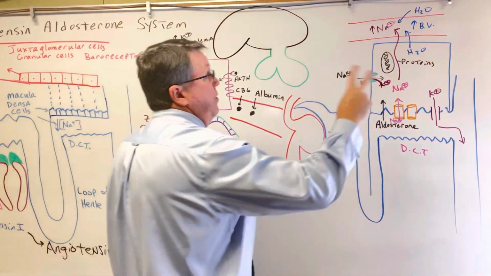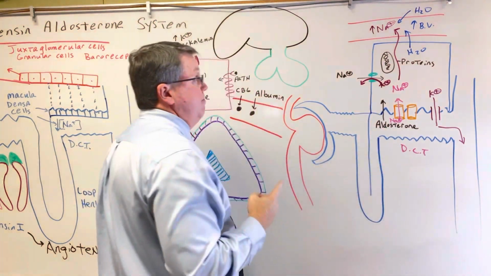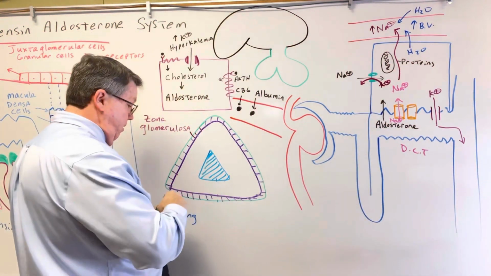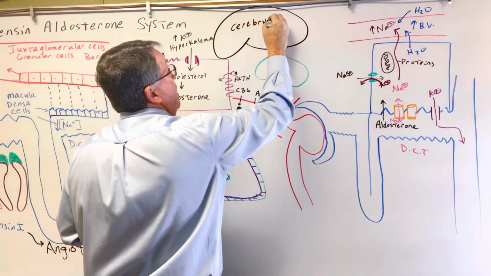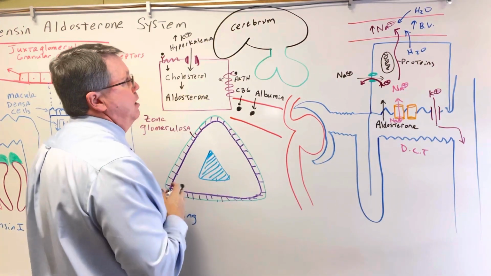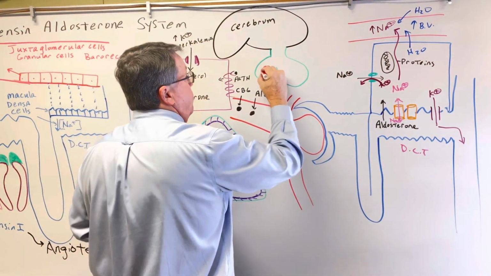So there's two things we have already, but there's going to be something more that's going to happen here. This is the brain right here. This is my cerebrum, and this is actually going to be angiotensin. In the back here, this is my posterior pituitary.